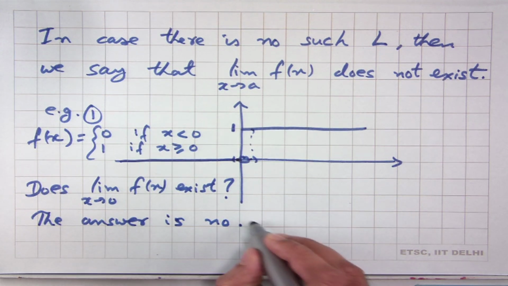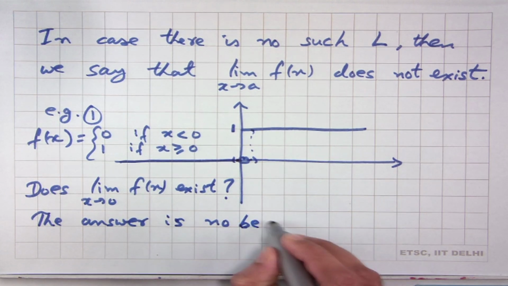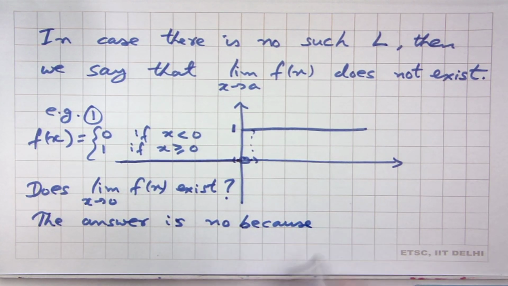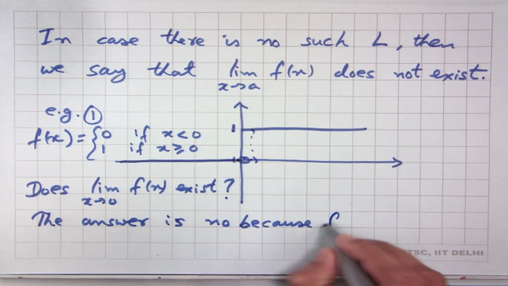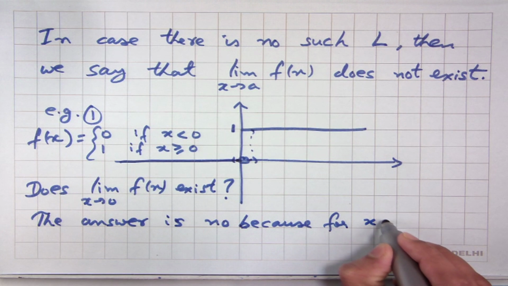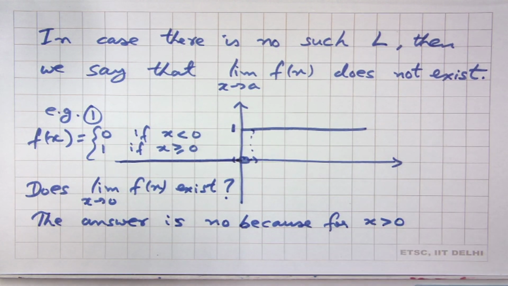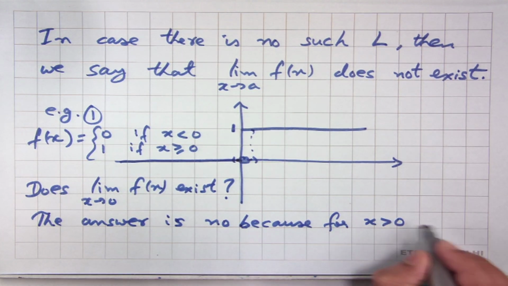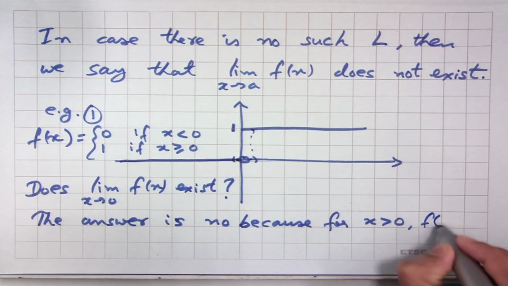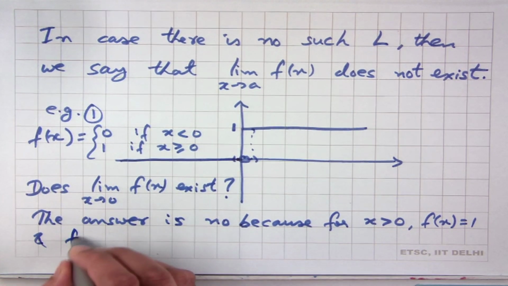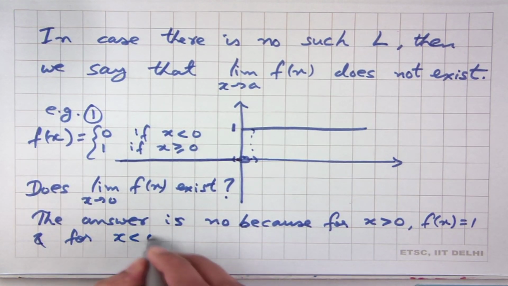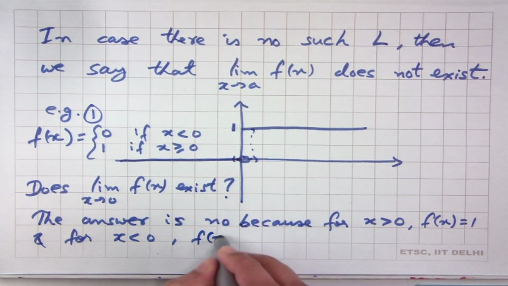Because for x greater than 0, f x is equal to 1, and for x less than 0, f x is always 0.